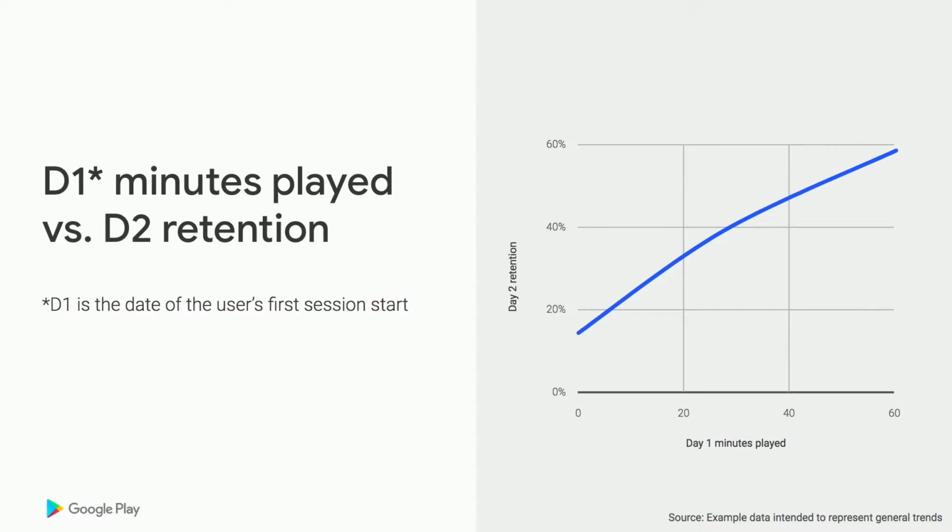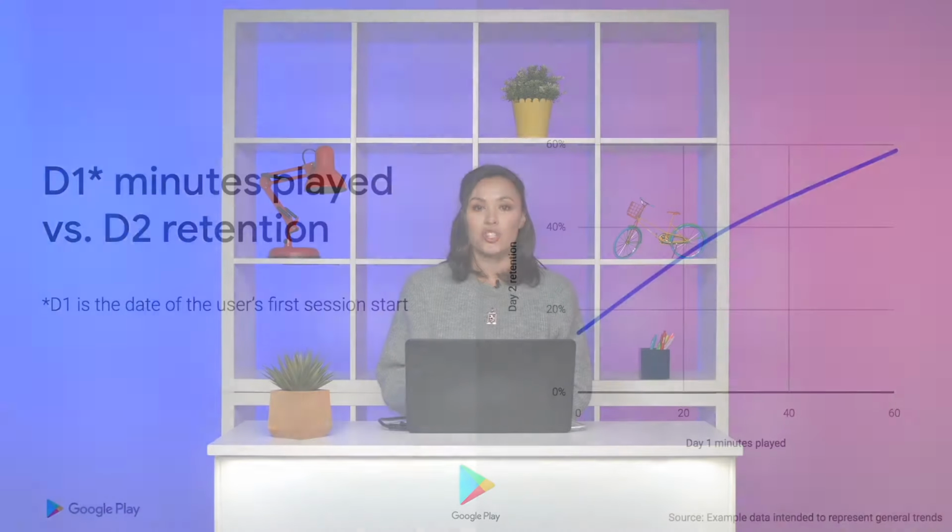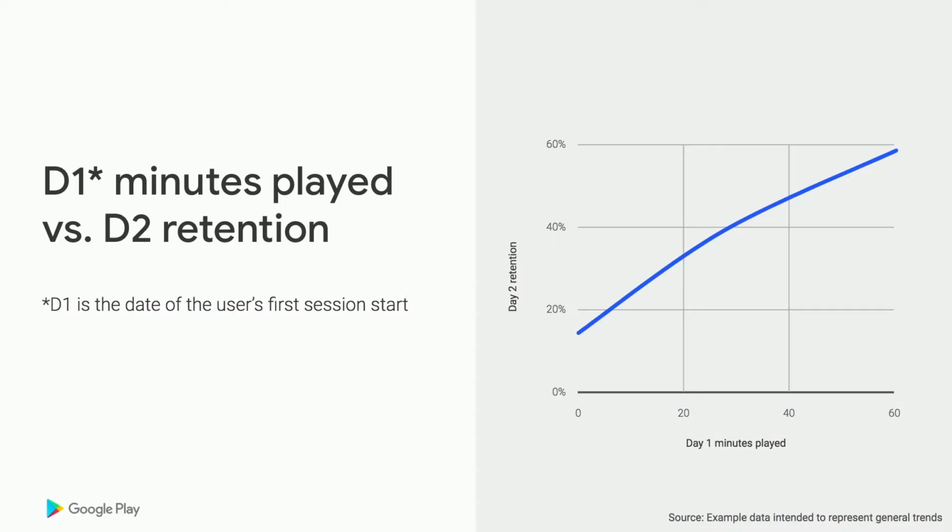But this setup of day 1 minutes played versus day 2 retention is a more apples to apples comparison, and it's a relationship that we've been leveraging at Google in order to help our partners increase their installs performance by giving you an understanding of what to expect, no matter whether you're an app, a game, different genres, or different categories. So what this graph is showing you is the length of time that a new user engages with the title on their very first day versus the percentage of users who come back the very next day.